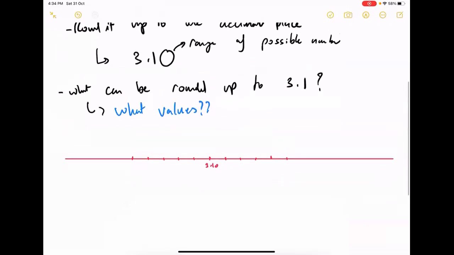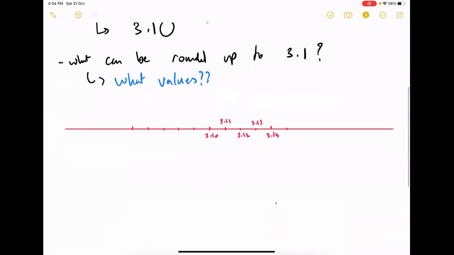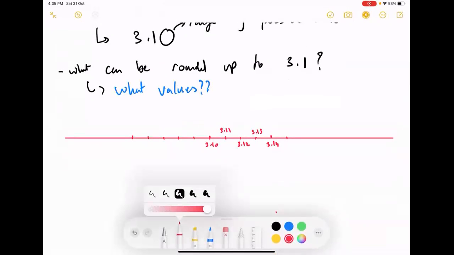Let me zoom more. 3.11, 3.12, 3.15, 3.09, 3.08, 3.07, 3.06, 3.05, 3.04, 3.16.